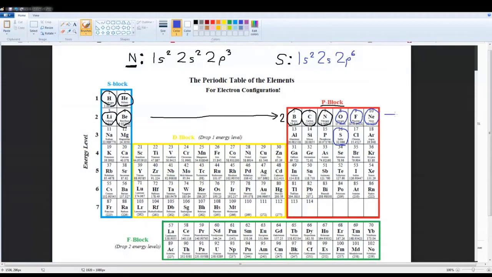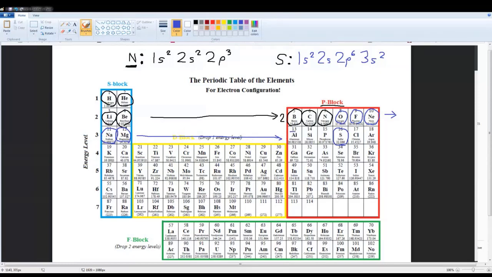After that, I have to go to the next line, which is 3. So over here, I have 3, and so this is 3s2. And then after that, I go across to the next place. I follow the numbers: after 12 is 13.